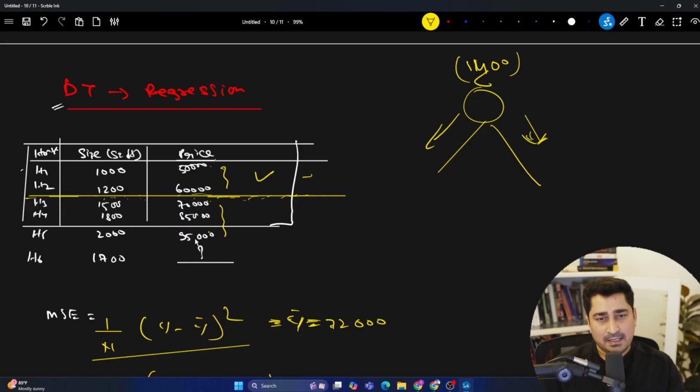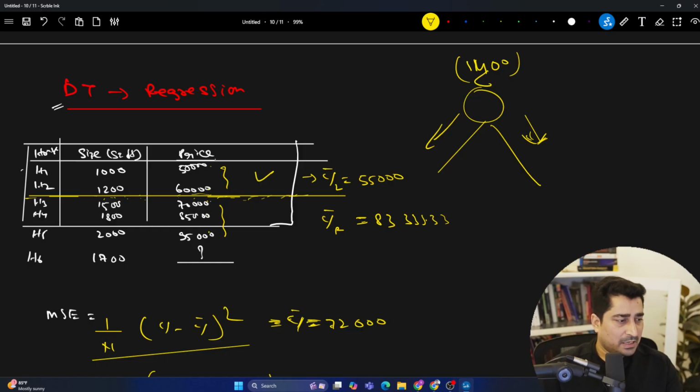Here, if I have to do the math, y average is going to be basically 55,000, and then y average for the greater-than side is going to be, let's suppose this is left, and this is right, for data splitting purposes, 8333.33. So this is what I'm going to get for y average.